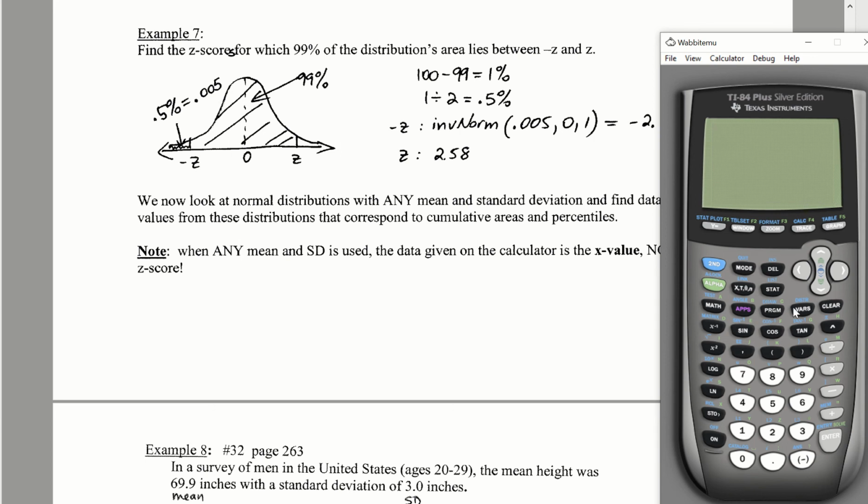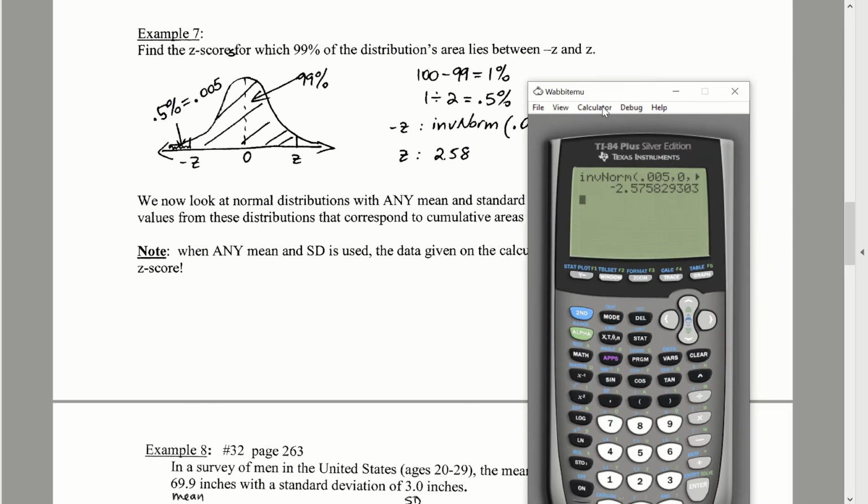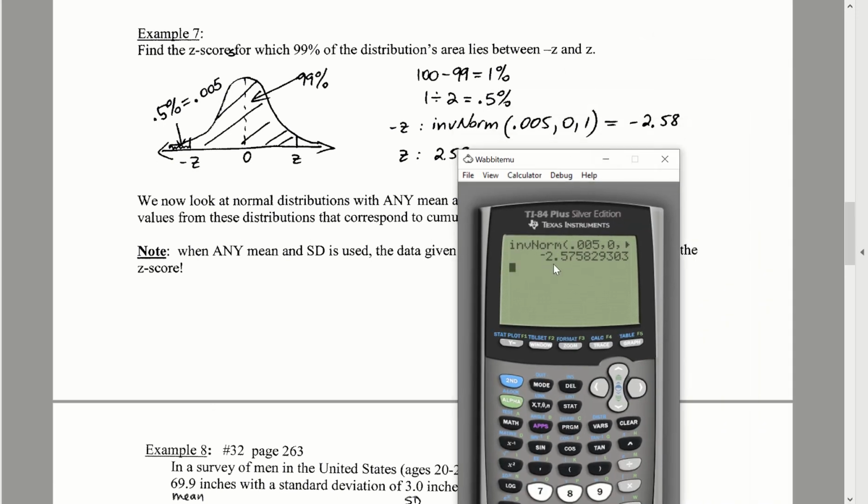I go second, distribution, go down to choice 3, inverse norm. Area to the left is 0.005. We're still dealing with z-scores, so it's a standard normal, 0 and 1. Go ahead and hit paste, hit enter, and to 2 decimal places we would get a z-score of negative 2.58.